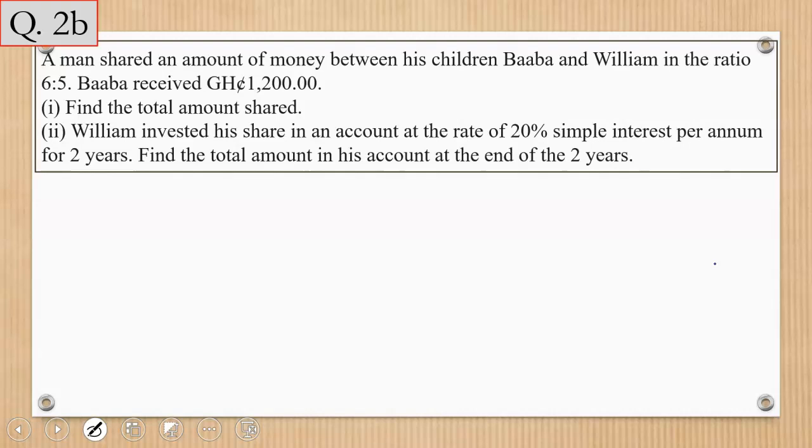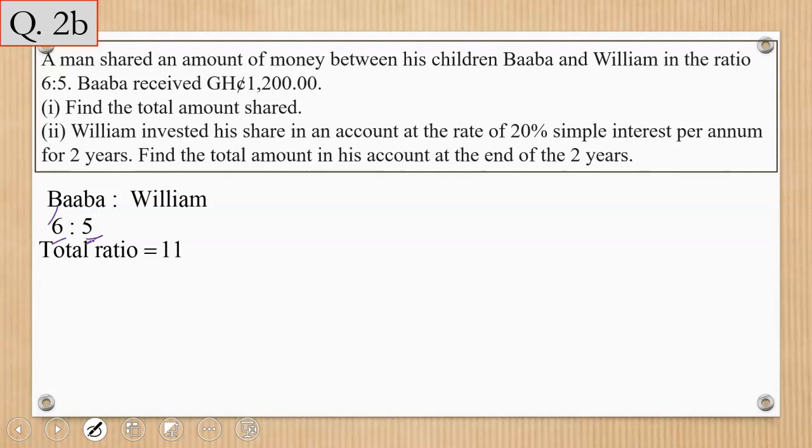Now from the question, we have Baba and William. They are to share something in a ratio. So I can say Baba is to William, and the ratio gave us 6:5, which means Baba's ratio is 6, whilst that of William is 5. Now the total ratio gives us 11.